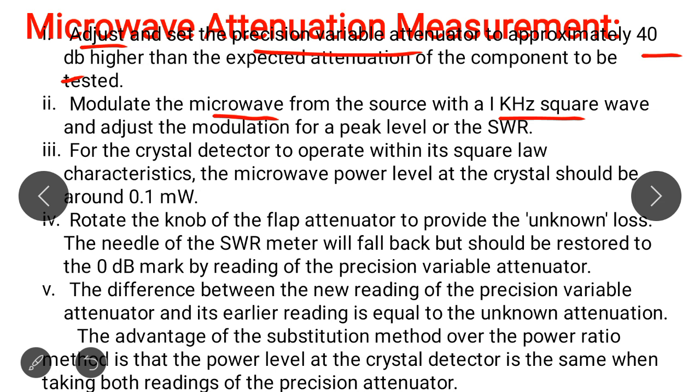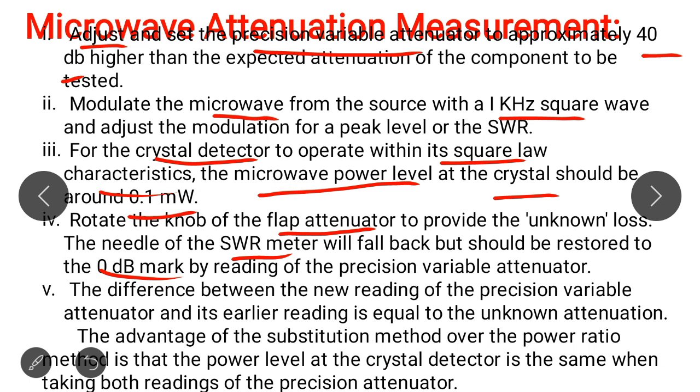For the crystal detector to operate within the square law characteristic, the microwave power level at the crystal should be around 0.1 milliwatt. Next, rotate the knob of the flap attenuator to provide an unknown loss, and the needle of the VSWR meter will fall back.